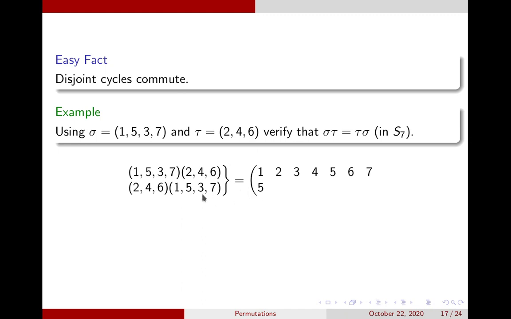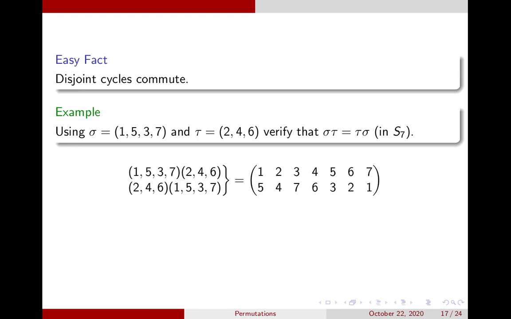And in the bottom calculation, the rightmost cycle sends 2 to 4, and the leftmost cycle sends 4 to 6. So 2 is sent to 6. And I will leave it for you to do the remaining 5 calculations both ways and verify that you get the same answer.